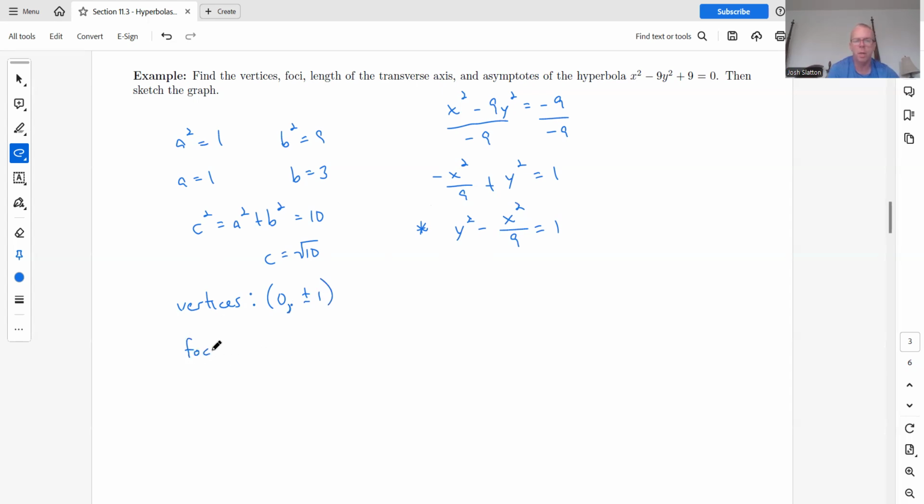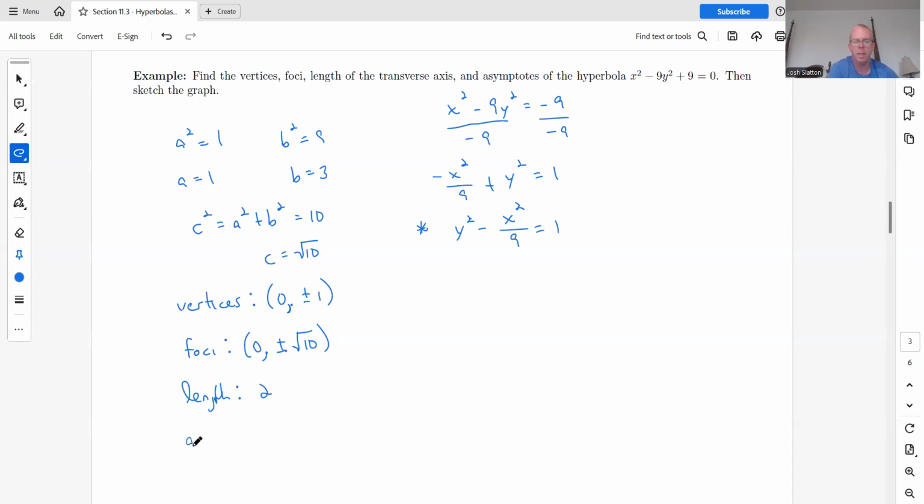The focus points will be 0, plus or minus square root 10. And then the length of the transverse axis is the absolute value of 2a. So that would just be 2.